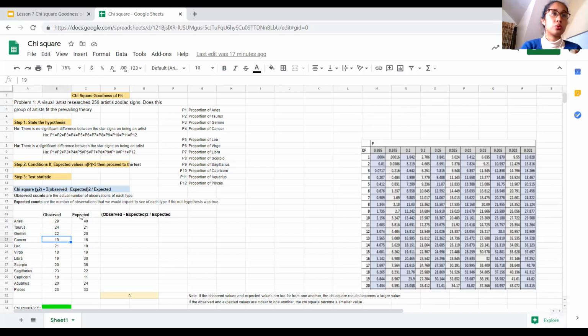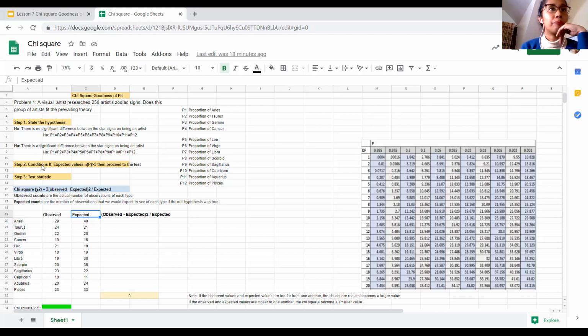That's the question. So, we have expected values. So, class, the expected values are sometimes given, just like in your activity 7, sometimes not. If they are not given, I'll show you how to solve it if a proportion is given to you. But for this one, the expected values are given.